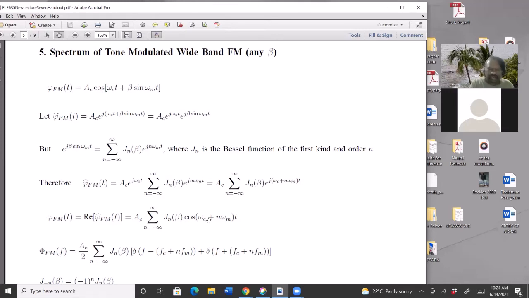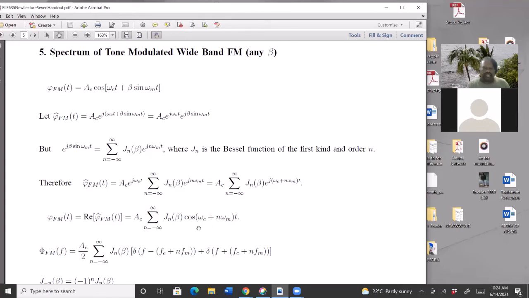So the real part is only the cosine. And this is very important. Now this looks like a series of AM modulation or DSB-SC spectrum, because I mean we don't even have to go there. Look at this. This is cosine of (omega c plus n omega m).